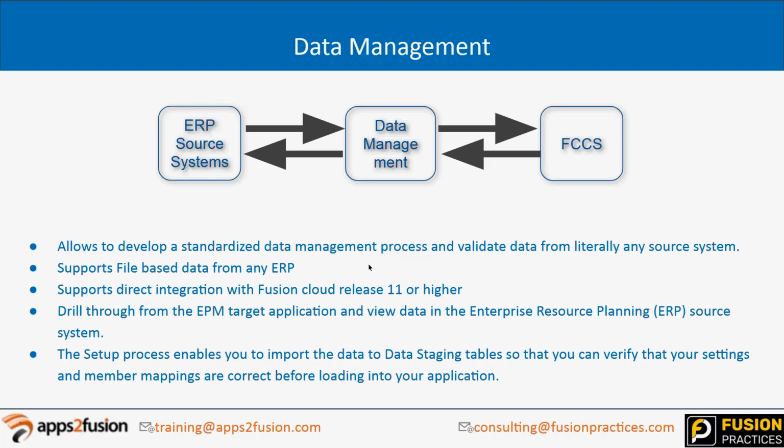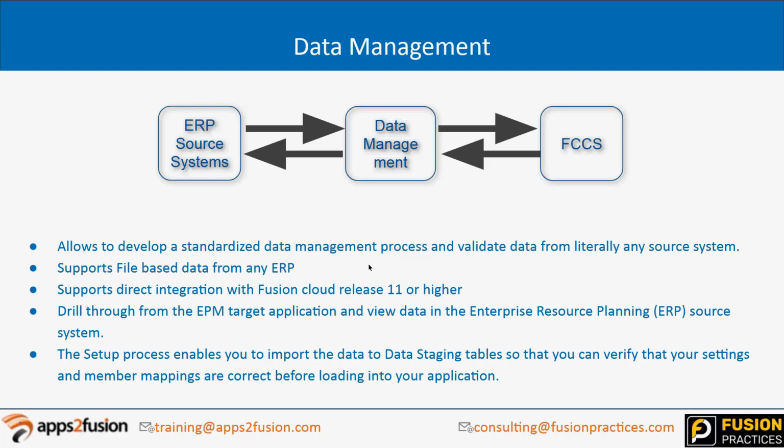If the customer is on Fusion Cloud release 11 or higher, then the transactional data from the general ledger of Fusion Cloud can directly be integrated with FCCS. There is some direct integration possible. Regardless of what your source is, it is just a matter of specifying what the dimensionality of the source is, what the dimensionality of the target is, and then ensuring that the member mappings are in place.